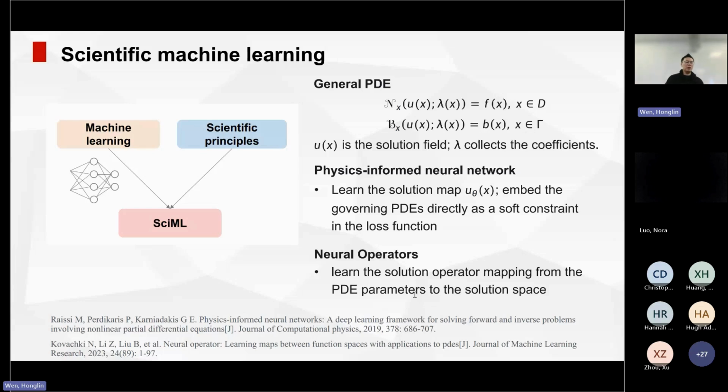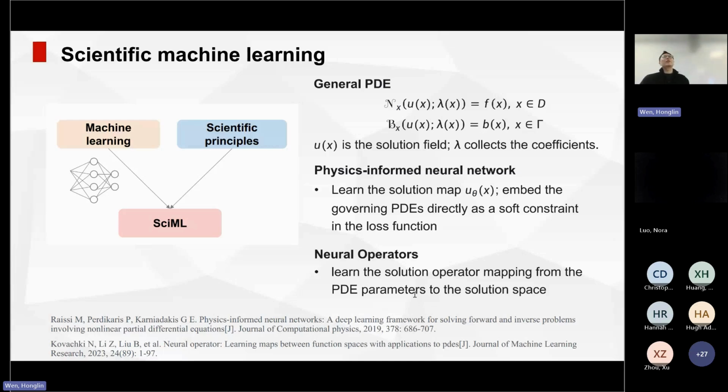I want to stress that scientific machine learning is not just applying machine learning to scientific problems. We need to design new models or methods for our own scientific problems.